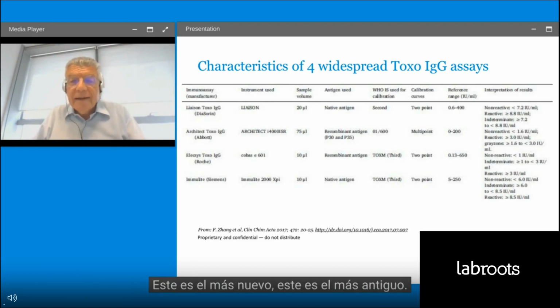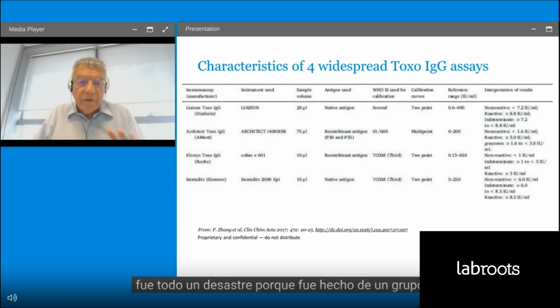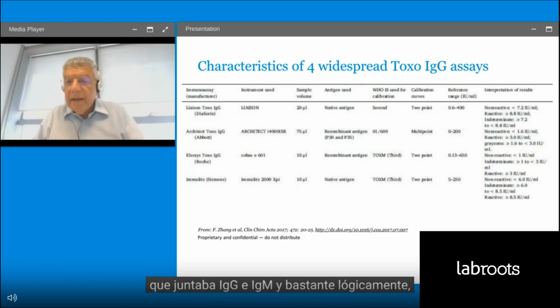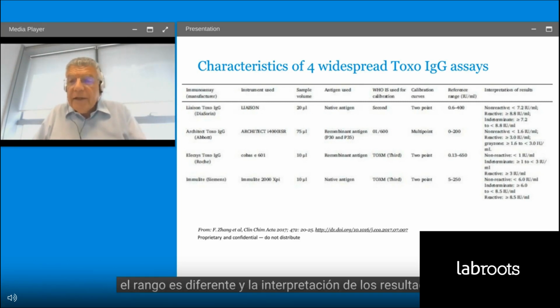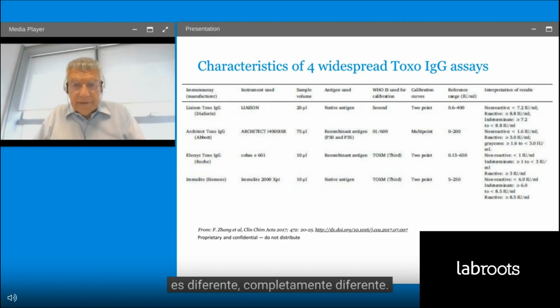This is the newest, this is the oldest, this is the so-called third standard, which, by the way, was quite a mess because it was made of a pool having together IgG and IgM. And quite logically, the range is different and the interpretation of results is completely different.